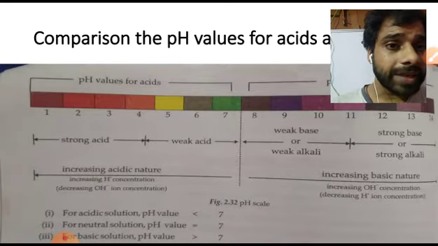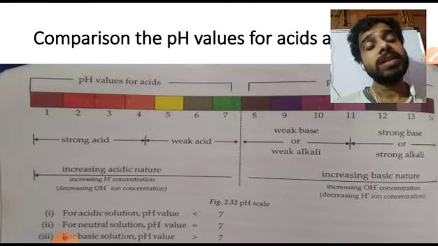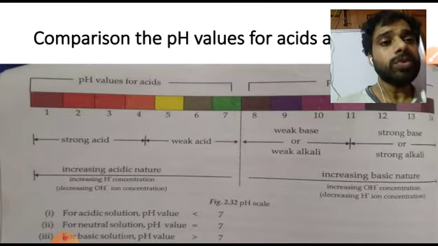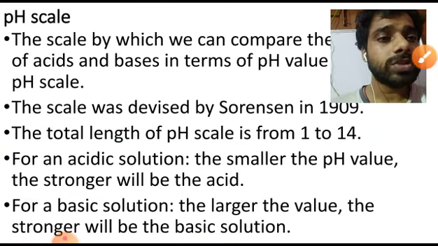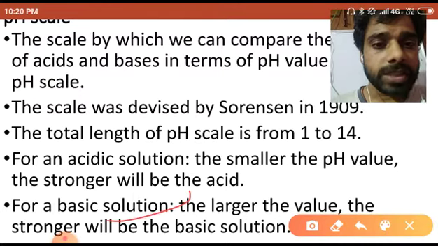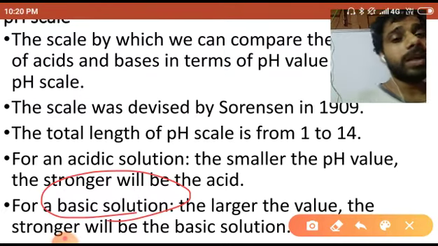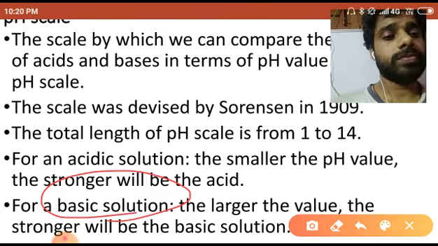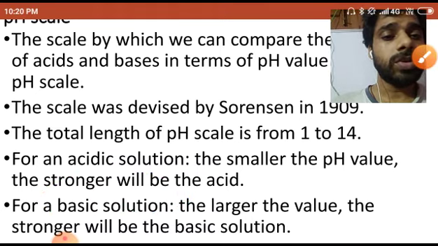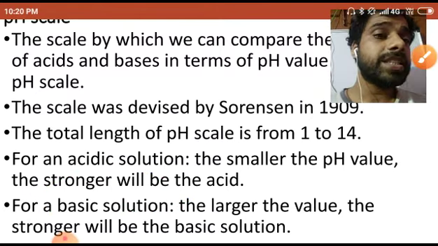And as the pH value increases, it is a slightly weak acid. The same case you must see with the basic solution. With the basic solution, the larger the value of the hydroxide ion, the stronger the basic solution will be.